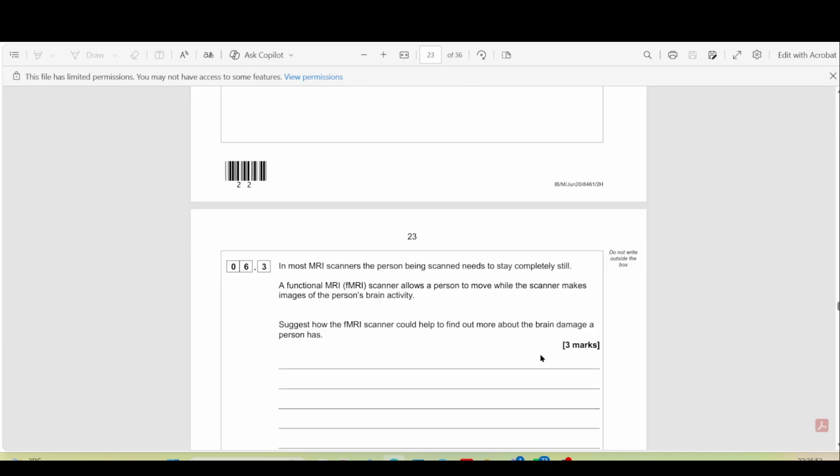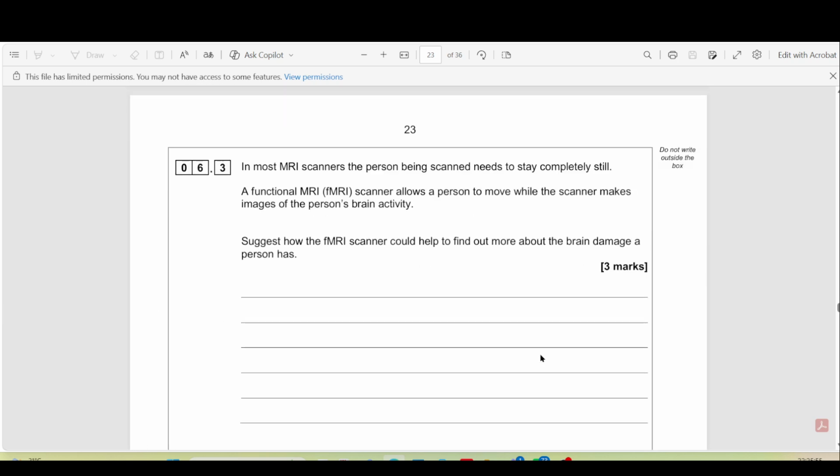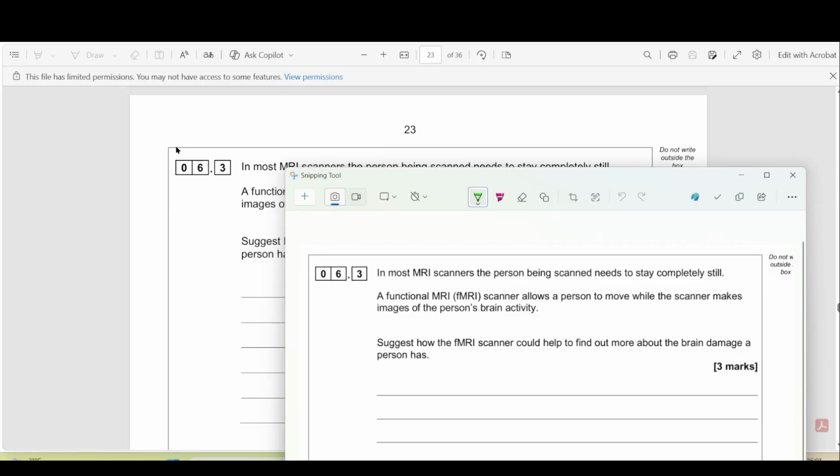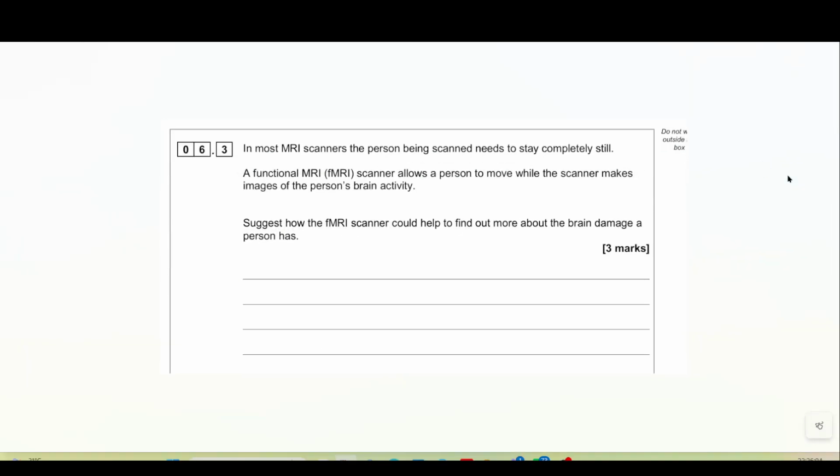In most MRI scanners, the person being scanned needs to stay completely still. A functional MRI scanner allows a person to move whilst the scanner makes images of the person's brain activity. Suggest how the functional MRI scanner would help to find out more about the brain damage a person has. You can ask the person to do a specific task to see which part of the brain is active or inactive.